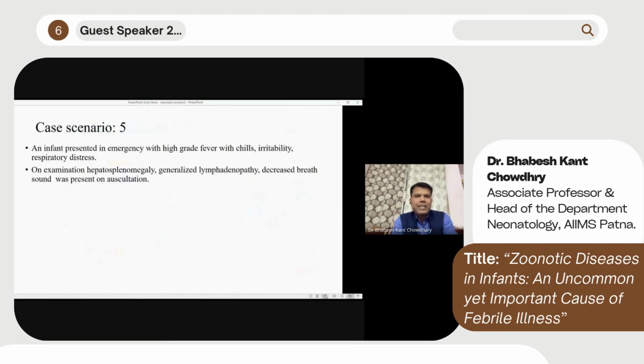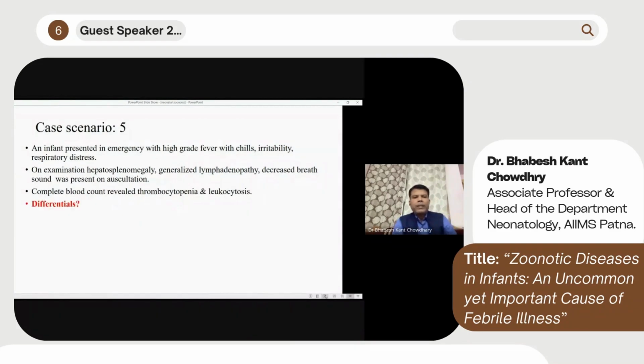So in case scenario 5, an infant came to the emergency with high-grade fever and chills, irritability, and respiratory distress. On examination, there was hepatosplenomegaly with generalized lymphadenopathy, and breath sounds were decreased on auscultation. In the investigation, there was thrombocytopenia and leukocytosis.